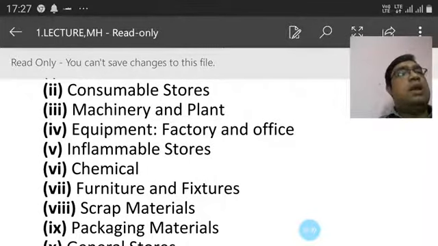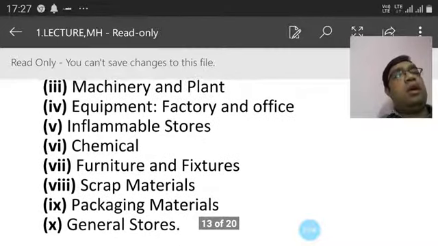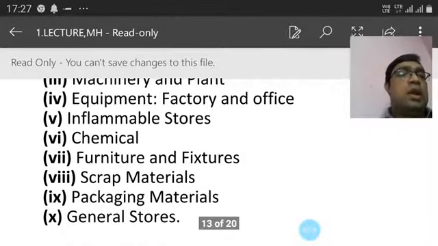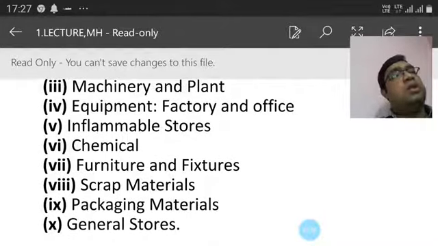And the machinery and plant, you have to handle them properly, because the equipment will not be used every day, and for this you have to make proper maintenance also. A good materials handling person will maintain your machinery parts each and every day, and they will be transferred from one place to another place, then proper packaging procedure will be done for these machinery parts.